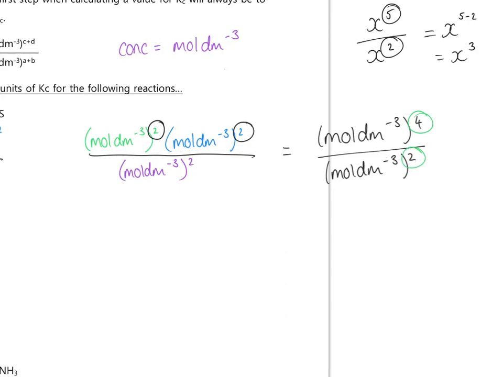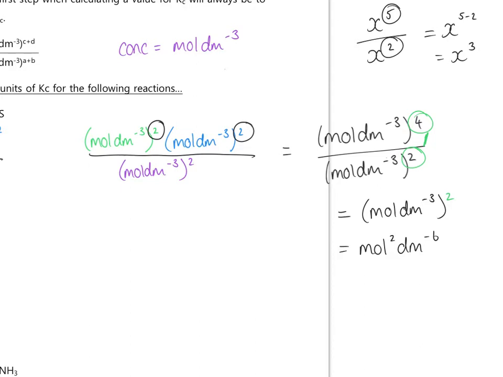We're doing moles per decimeter cubed to the power 4 minus 2, because we're dividing by moles per decimeter cubed squared. A lot of squared and cubed in here, so hopefully you're following along. That's going to be equal to moles per decimeter cubed squared. Again, if we multiply out that bracket, it's moles squared times dm to the minus 6. So we get the same unit whatever way we do it.